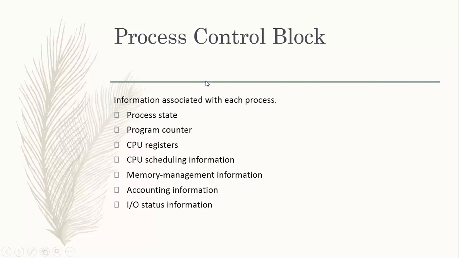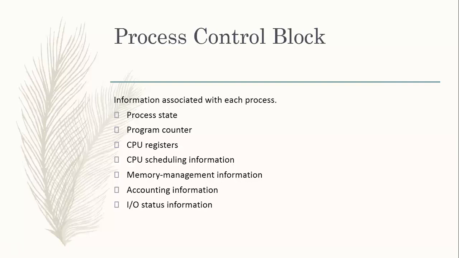Just like in our class, I need to provide a roll number or name to each and every student, so that I can uniquely identify that this is student X and this is student Y. Similarly, I want the information about the identity of any process, that is the process ID.